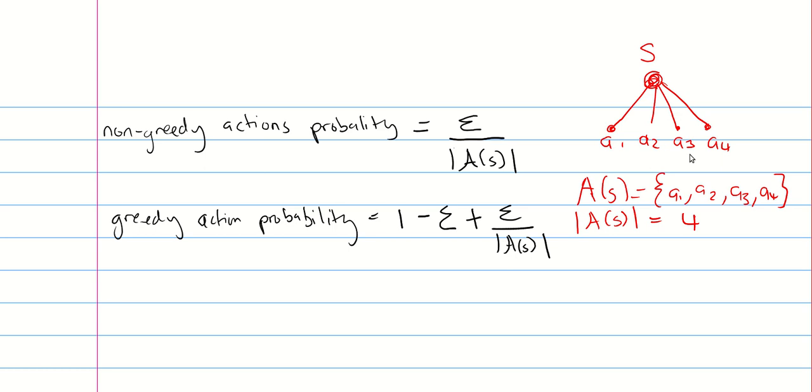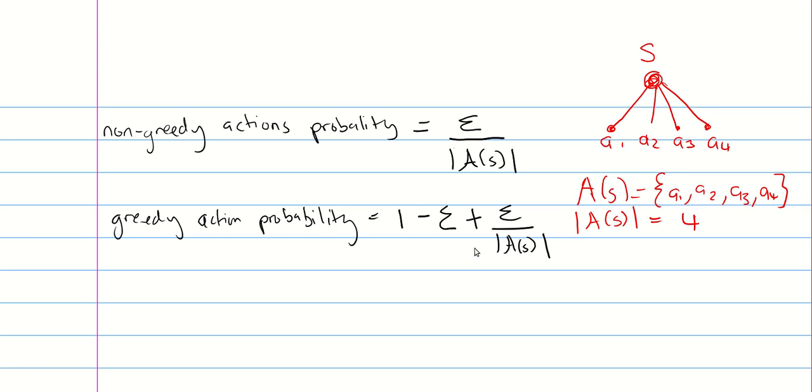So 1 minus epsilon should be the remainder. In this case, since we have action 1, action 2, action 3, and action 4, we know that each and every one of them has at least this much probability of being taken. But the greedy action also has an additional 1 minus epsilon so that our probabilities sum up to 1.